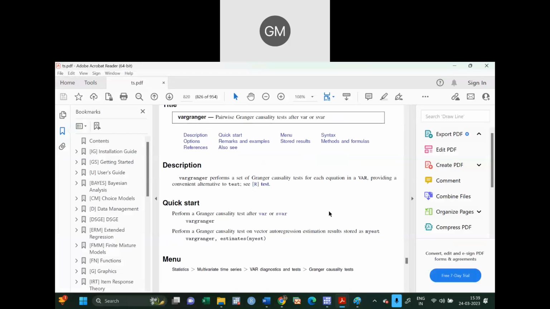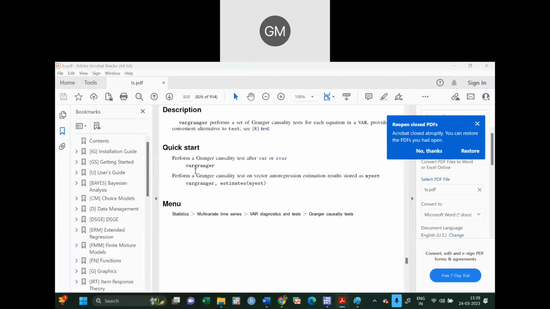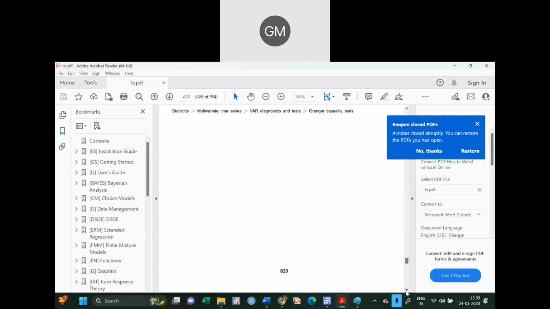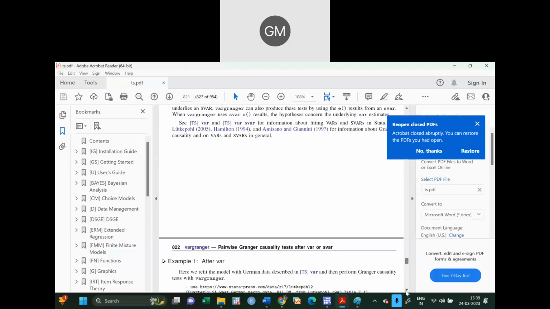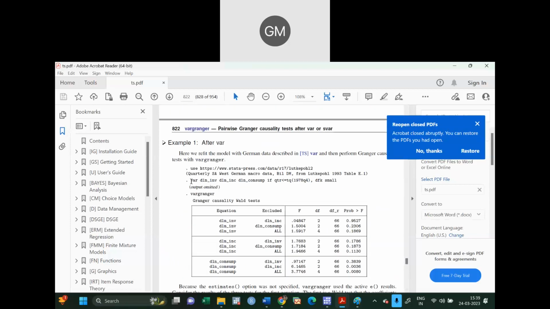In the PDF, this is the command vargranger: perform a Granger causality test after vector autoregression. The Stata command is given first, and then they give you an example of some case and test it. For example, this is the regression they are running, and vargranger is the command they are giving.